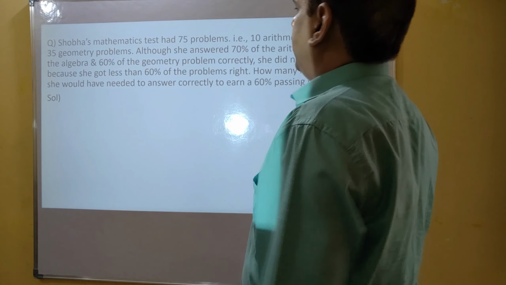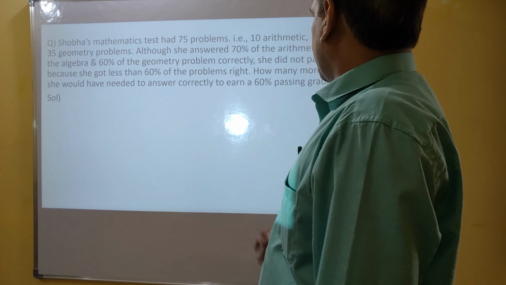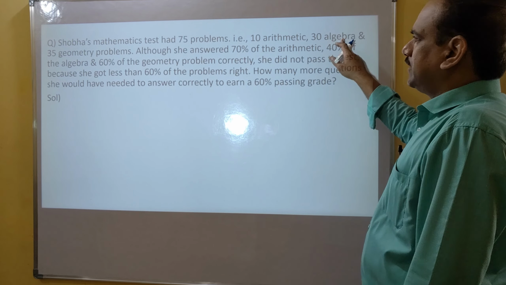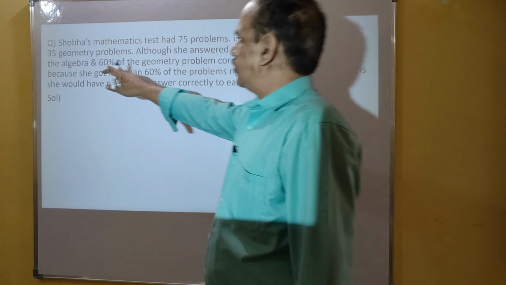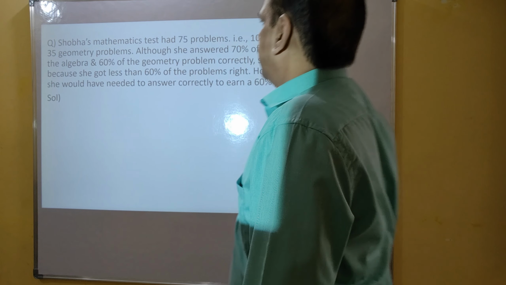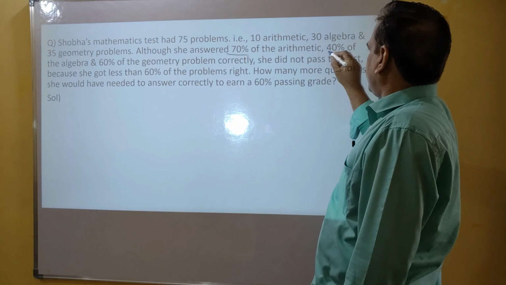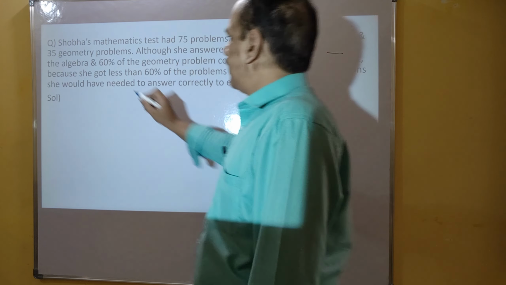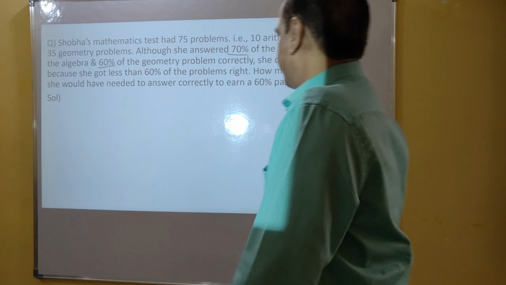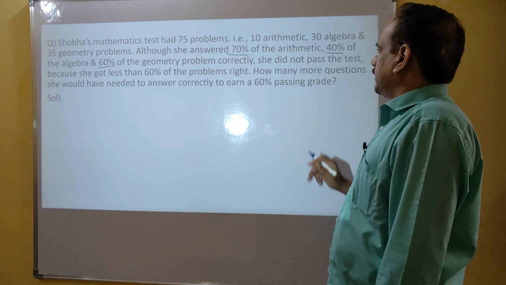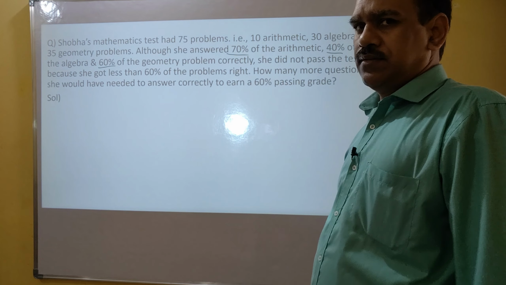Shobha's mathematics test had 75 problems. That is 10 arithmetic, 30 algebra and 35 geometry. Although she answered 70% of the arithmetic, 40% of the algebra and 60% of geometry problems correctly, she did not pass the test.